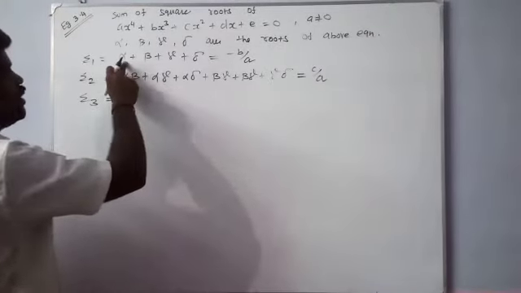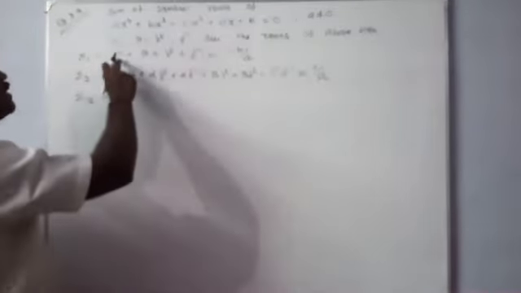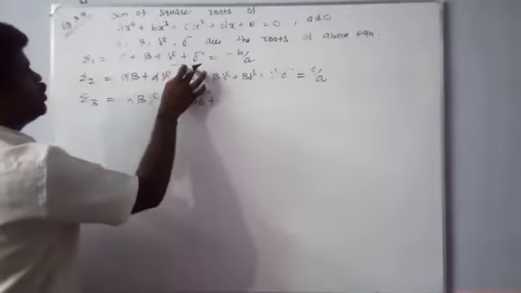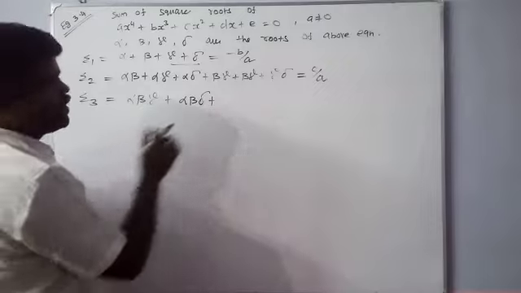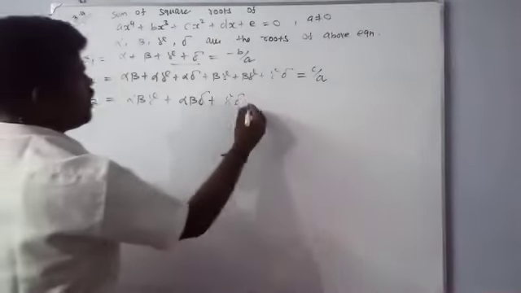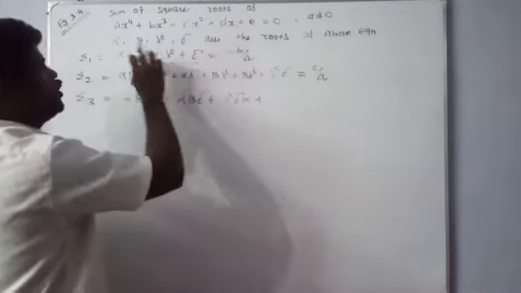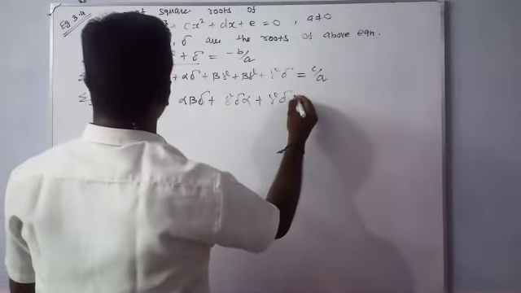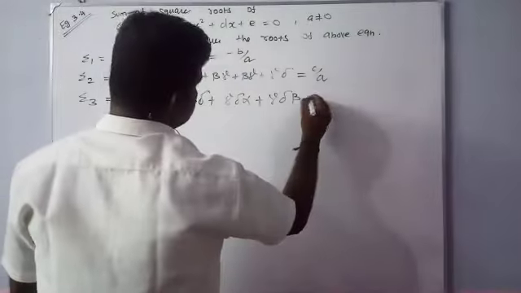And summation 3 is equal to, what is the value of summation 3? Summation 3 means take products of three terms. Take alpha beta gamma and alpha beta delta, that is alpha beta gamma, and alpha beta delta, plus take gamma delta with alpha, plus gamma delta with beta, which is equal to, what is the value?